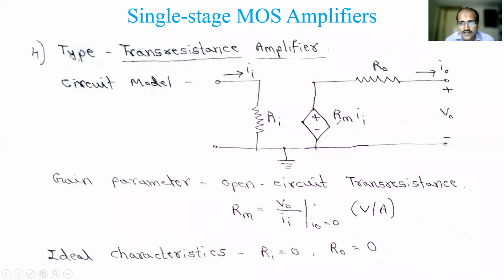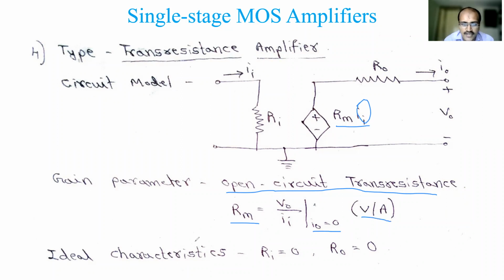This is called a current controlled voltage source, because input current is controlling this voltage source. That is the difference. Similarly, we write the gain parameter as open circuit trans resistance RM, given as V0 by Ii when output current is equal to 0, meaning what? Open circuit. When current is 0, open circuit. So it is given as voltage per amp, or as ohm.